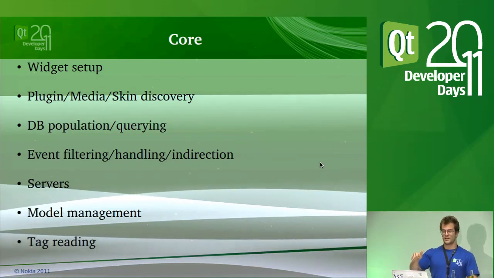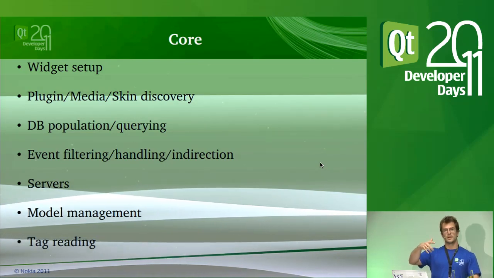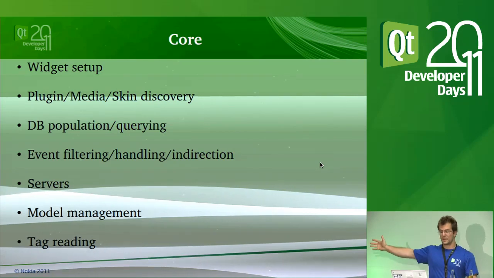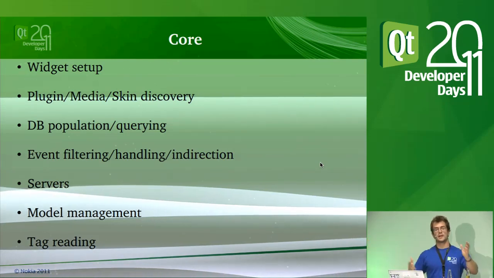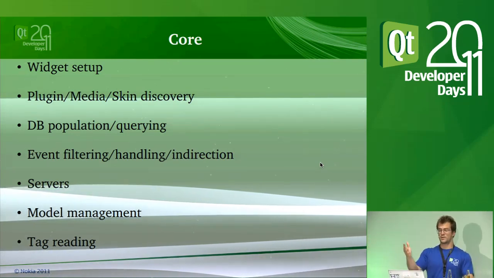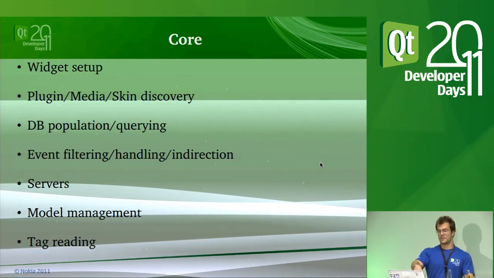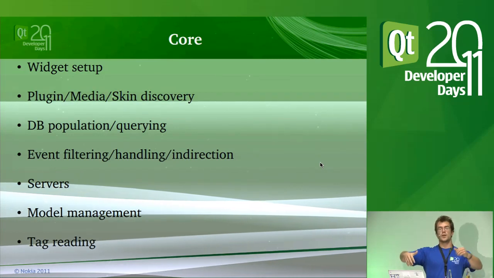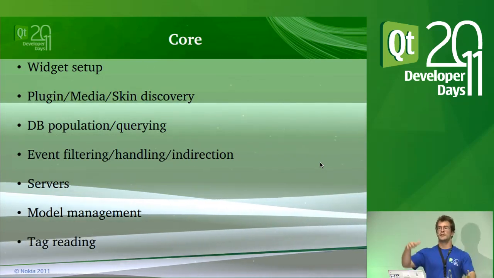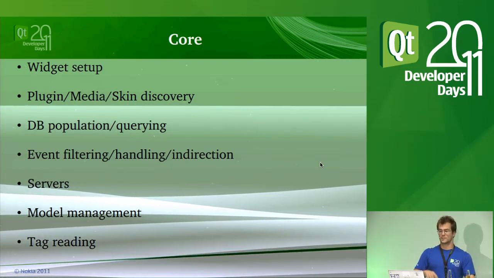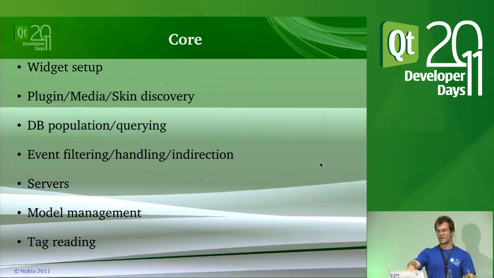We do things like the plugin handling, so clearly we need C++ functionality. We play back MP3 files and need to get tag information, so we need things like libtag to be supported. All of this is handled in the core functionality, as well as skin discovery, trawling your machine. Any file-level access to your disk clearly needs to be done from C++ as well. So all of that resides in the core application.